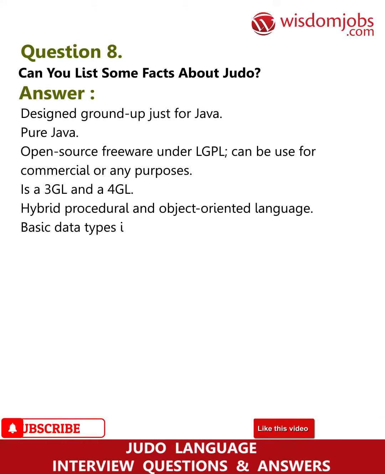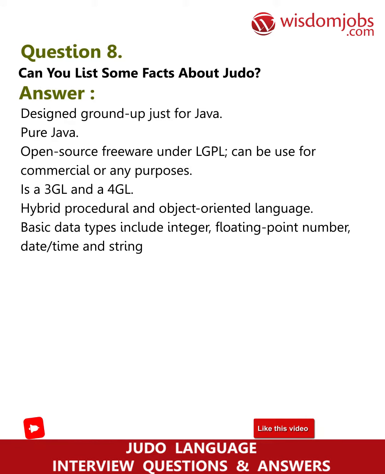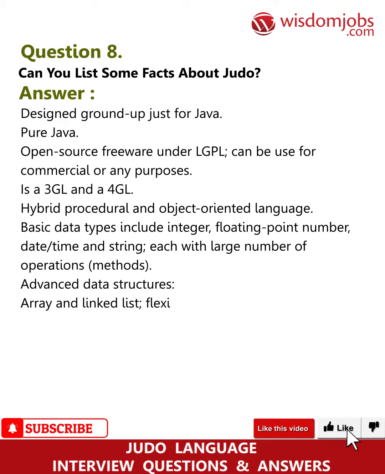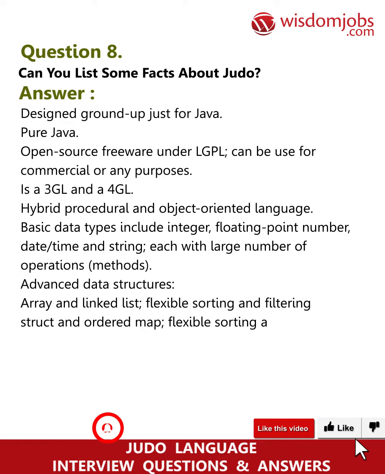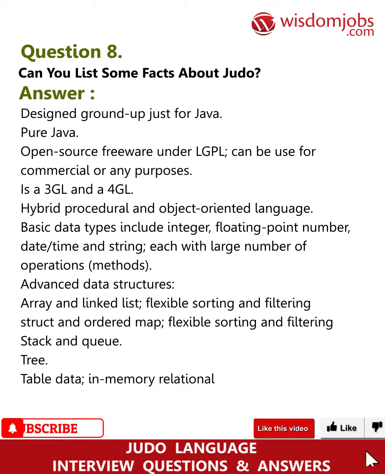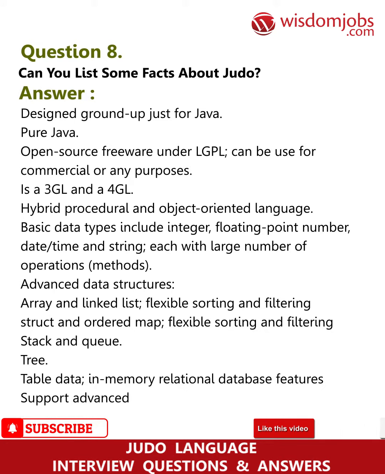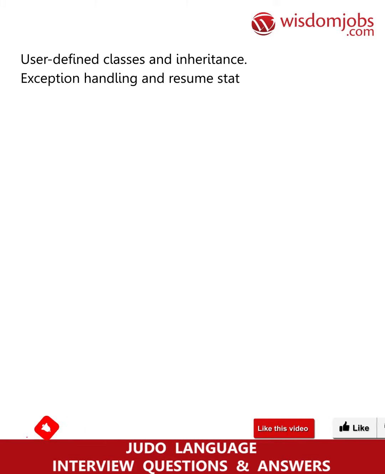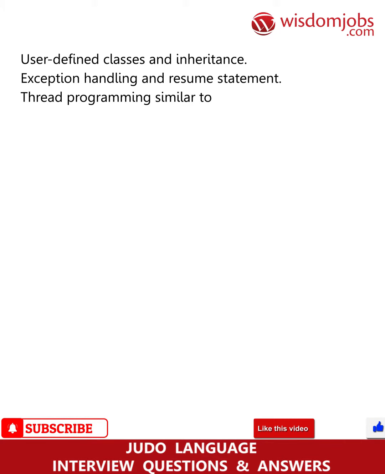Basic data types include integer, floating point number, date/time and string, each with a large number of operations. Methods, advanced data structures, array and linked list, flexible sorting and filtering, struct and an ordered map, stack and queue, tree, table data, in-memory relational database features support advanced programming techniques, user-defined classes and inheritance, exception handling and resume statement, thread programming similar to functions.